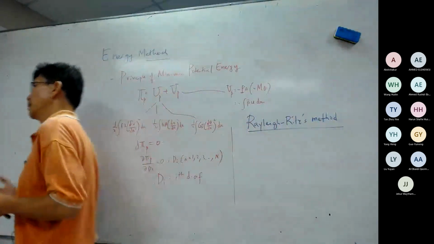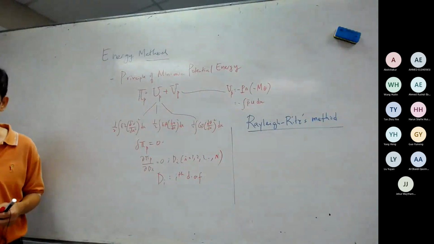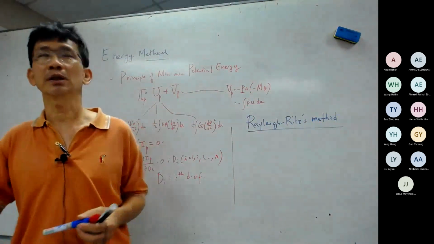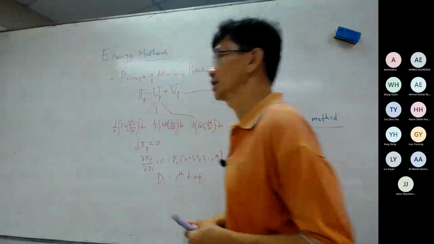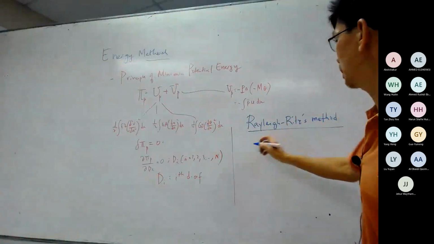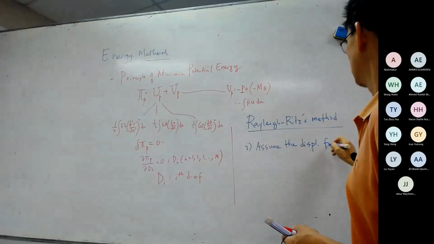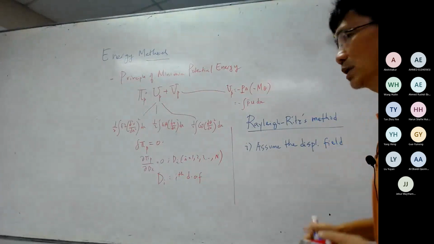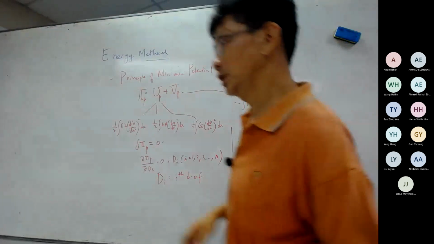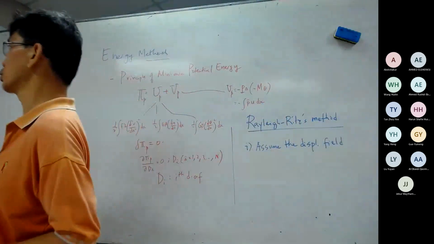Rayleigh-Ritz method is an energy method that we use to solve a problem, where we make use of the principle of minimum potential energy. In the Rayleigh-Ritz method, you need to assume the displacement field. This means that we make an assumption about the solution first.